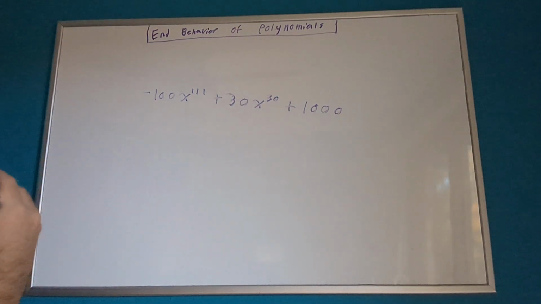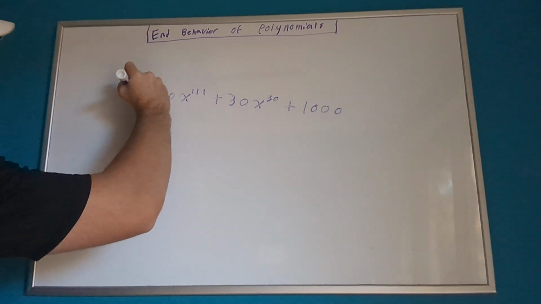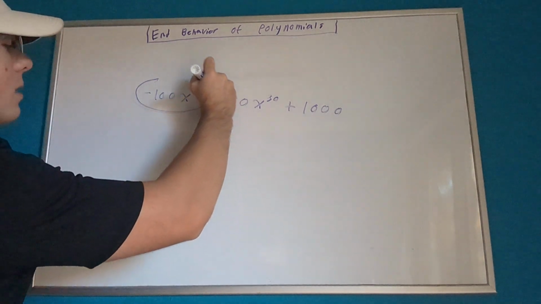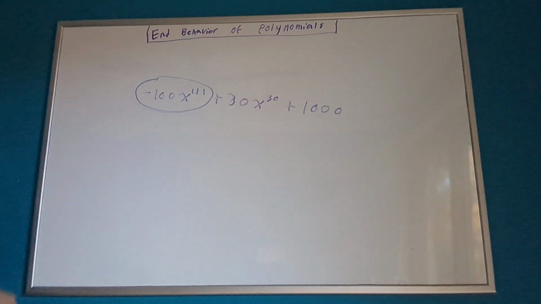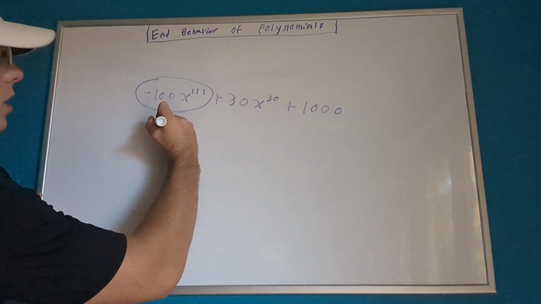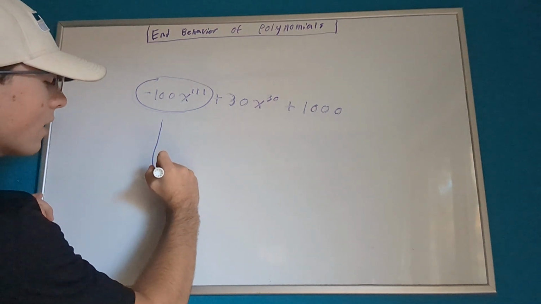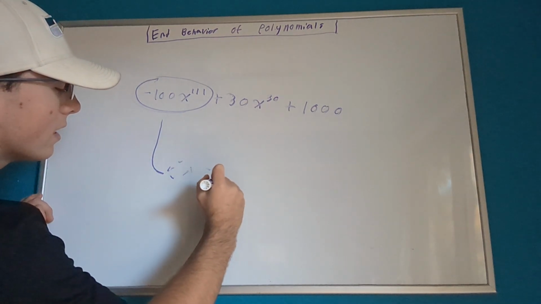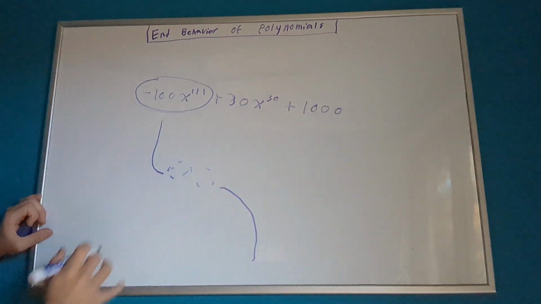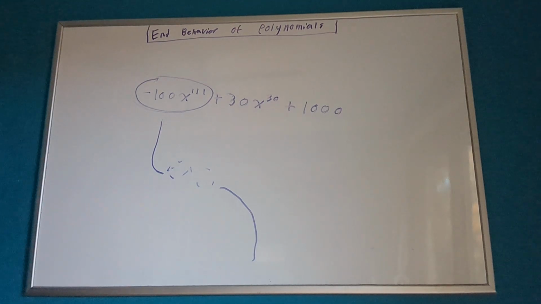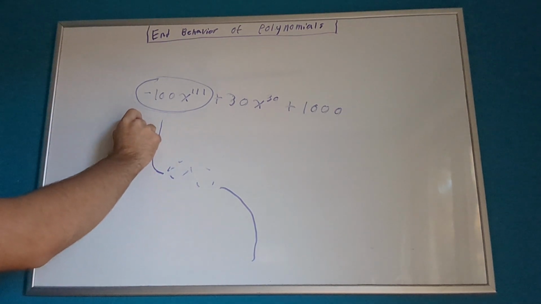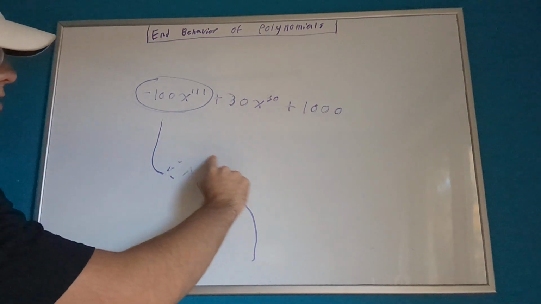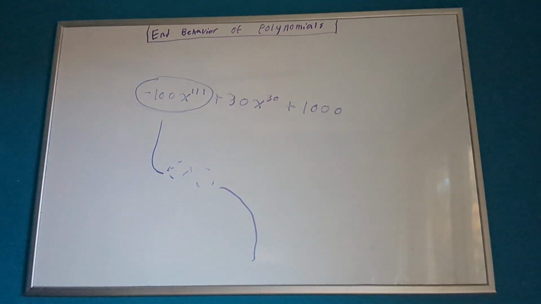But all we need to do is look at this term again. We see that this is negative and this is odd, so our graph will look something like this. There'll be variation in here, but it will look something like that. So as x approaches negative infinity, the end behavior will be positive infinity, and as x approaches positive infinity, the end behavior will be negative infinity.